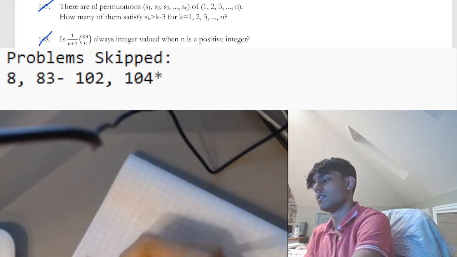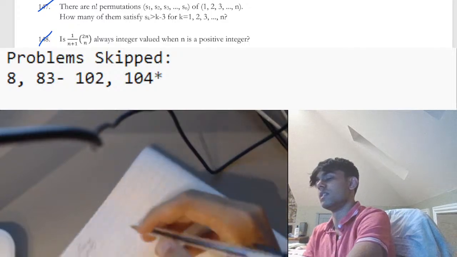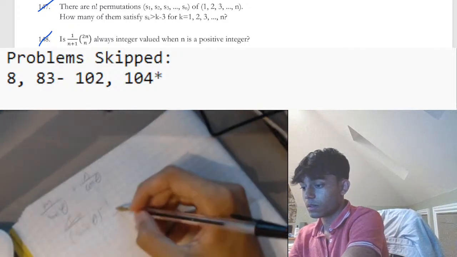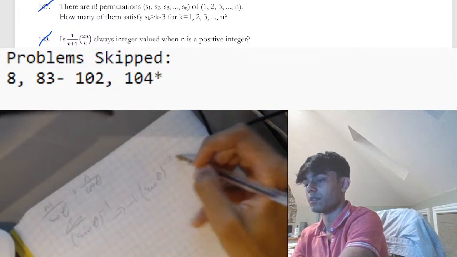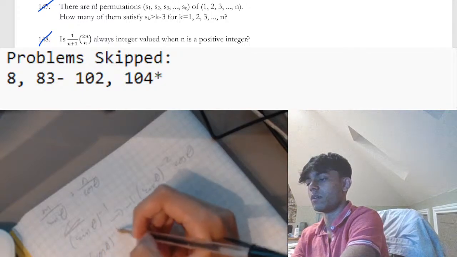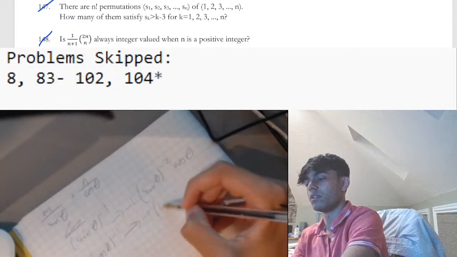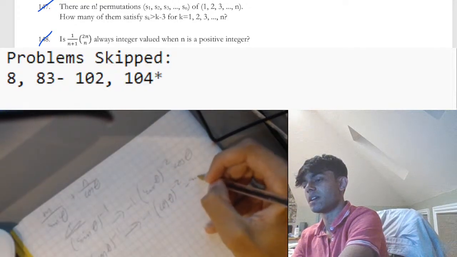Differentiate this. What does 1 over sine differentiate to? It's going to go to -1 sine theta to the -2 times cos theta. And cos theta to the -1 is going to go to -1 cos theta to the -2 times minus sine theta.